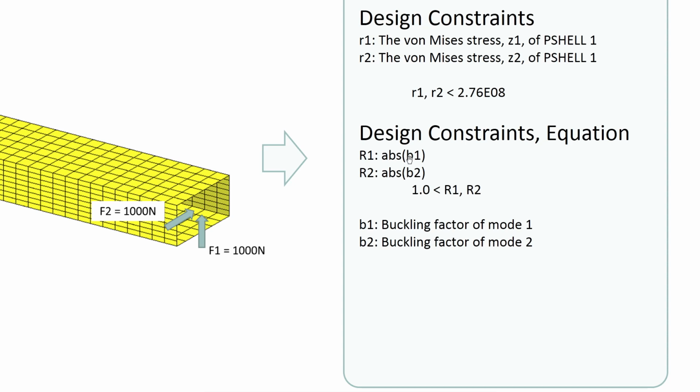Here, we want to constrain the absolute value of the buckling factor. So regardless of whether the buckling factor is positive or negative, this is going to help us keep the sign consistent. Then our final bound is to keep the buckling factor above 1.